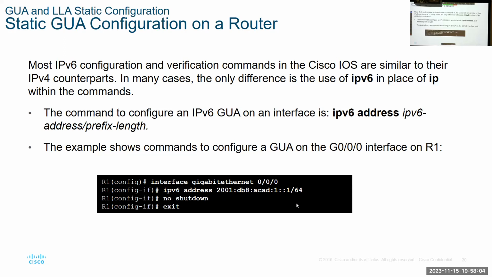So what they've done here, and you don't have to do it this way, but they're basically just assigning ::1. The :: means a whole bunch of zeros, and then the last field has the value 1. But you can do anything you want after the routing prefix. After the subnet part of the address, these last 64 bits can be anything you want. It's just, you know, they're making it easy here, ::1.